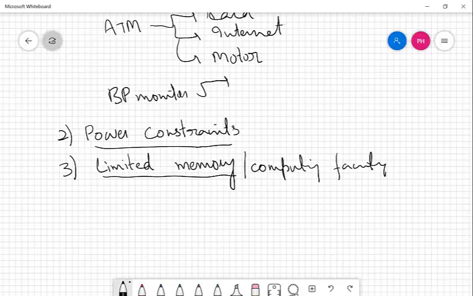And there are also environmental constraints. Embedded systems, again, may be deployed in extreme weather conditions, maybe in space, maybe underwater, maybe on glaciers, maybe in volcanoes.